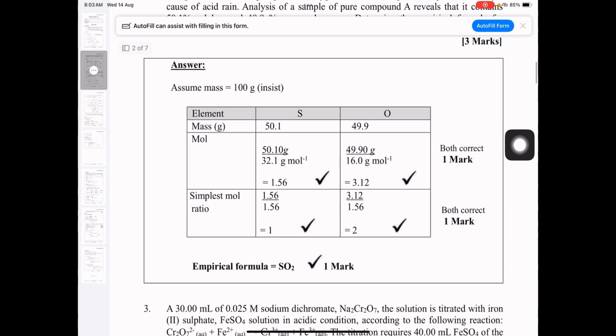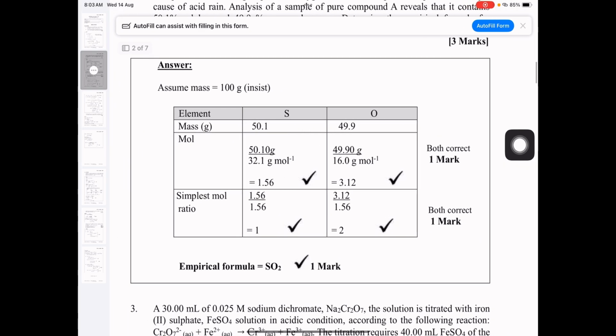Okay, jadi first we assume the mass of the compound is 100 gram. So composition of sulfur is 50.1 gram and oxygen is 49.9 gram. Okay, then calculate the number of mole for each element, sulfur and oxygen, mass over molar mass.